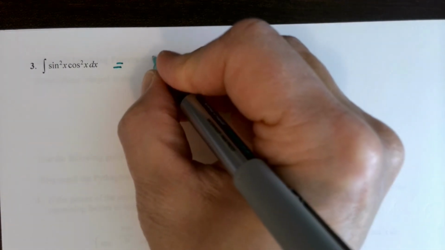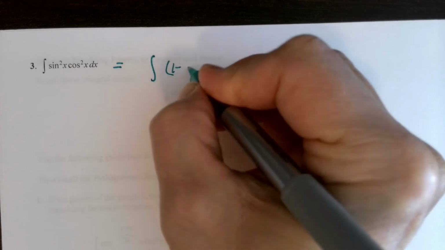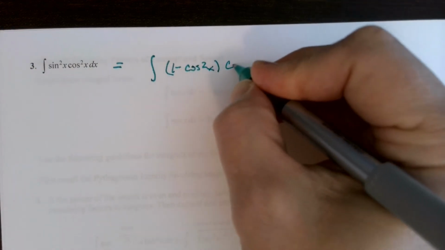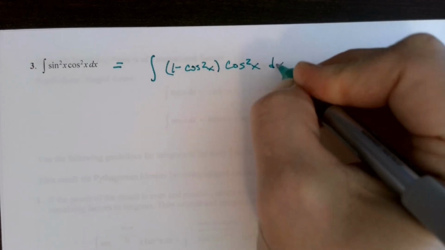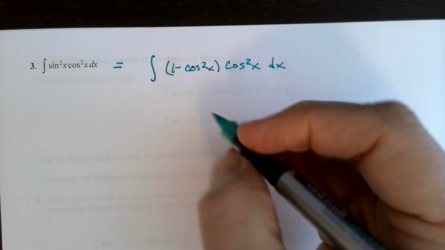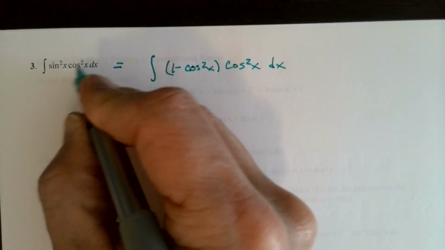Okay, so I'm going to say that sine squared x is 1 minus cosine squared x. Convert all to cosines.